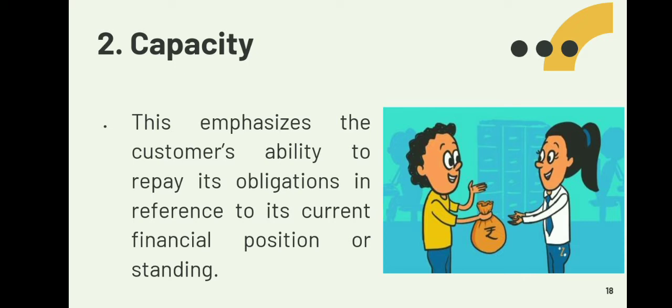You can improve your capacity by increasing your salary or wages or decreasing debt. The lender may want to ensure that your job security is stable and your pay will continue to be consistent. Also, securing more stable income may improve your capacity.